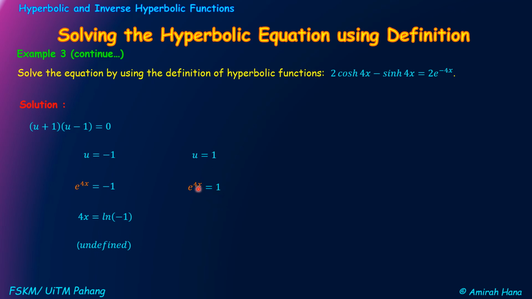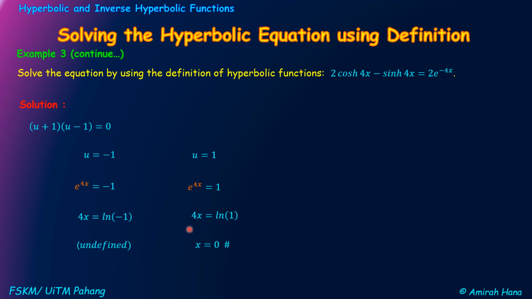And using the same technique, we move e to right hand side. Then left hand side, we get 4x equals to ln 1. And ln 1 equals to 0. 0 divided by 4 equals to 0. Means that x equals to 0.